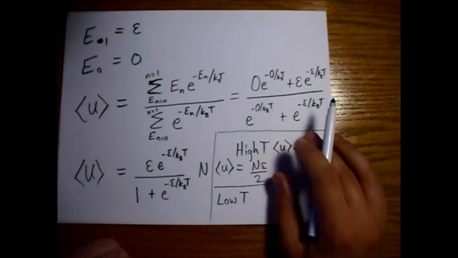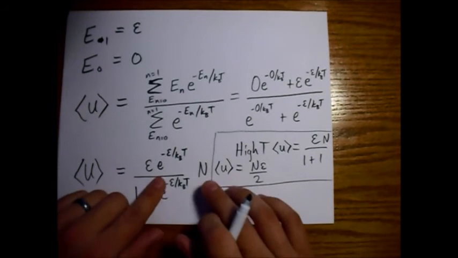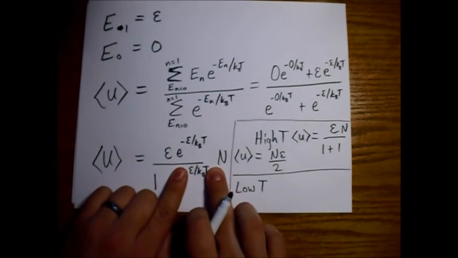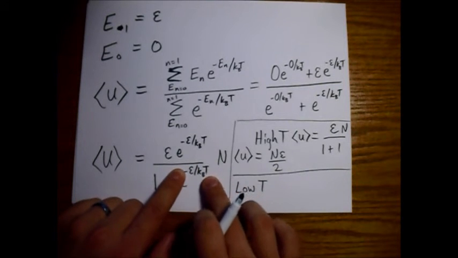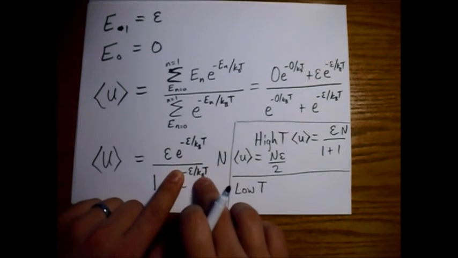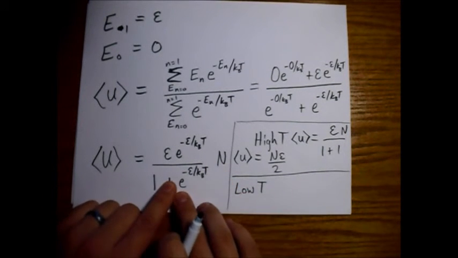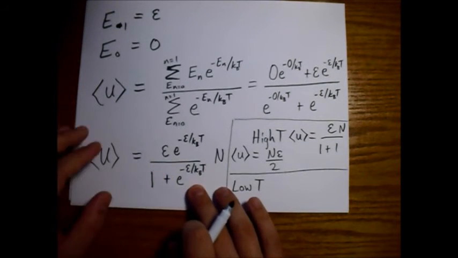E to the minus, so it's almost going to 0. Upstairs in the exponential, T down here becomes very small, so this term becomes very large. When we take the exponential of that, then it becomes very small.